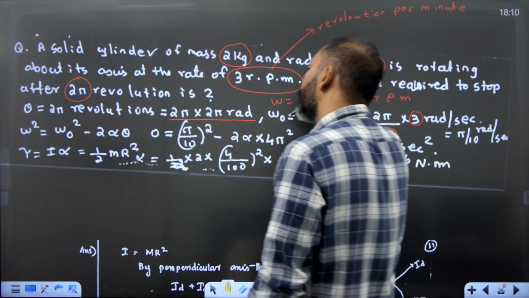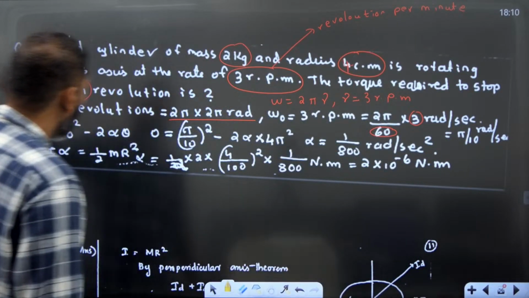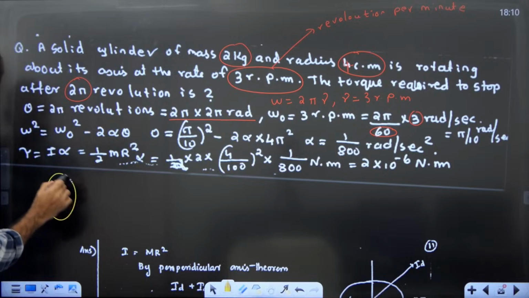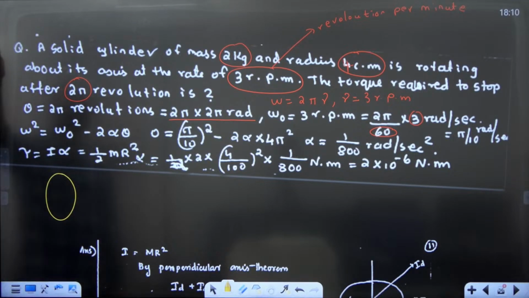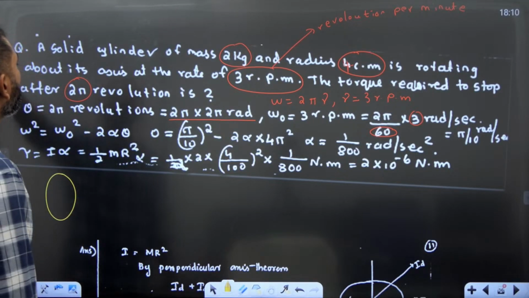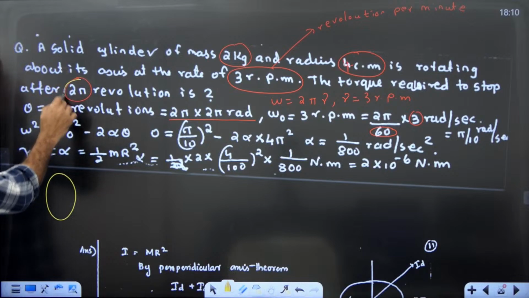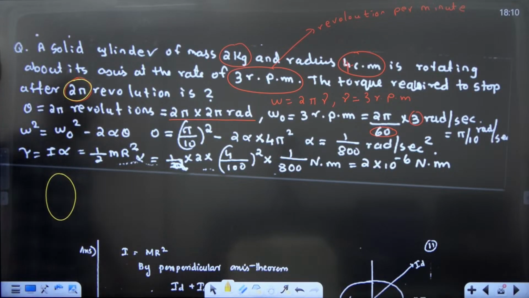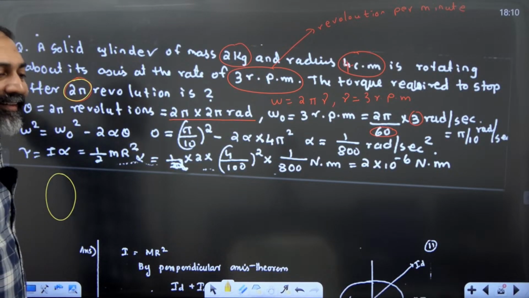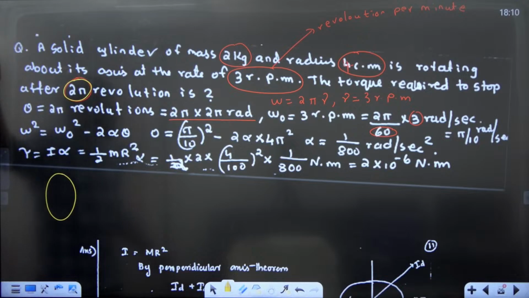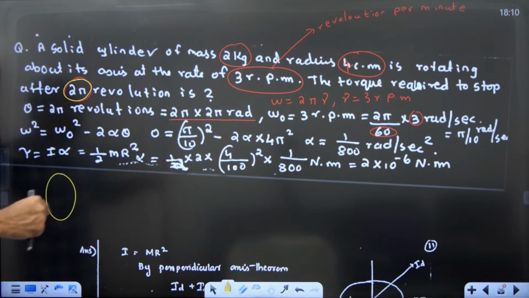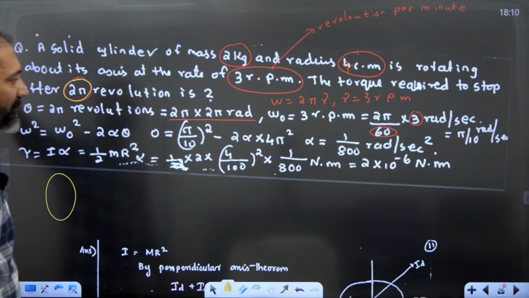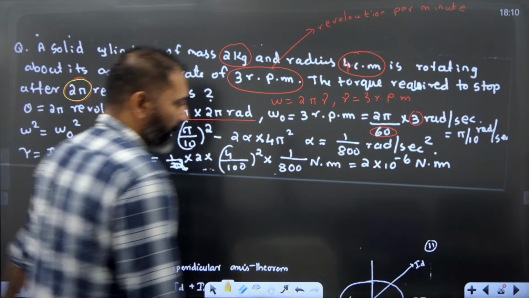For one revolution, the angle turned is 2 pi. But it stops after 2 pi revolution, so I am checking the total angle turned in 2 pi revolution: 2 pi into 2 pi radians. I hope that is clear.